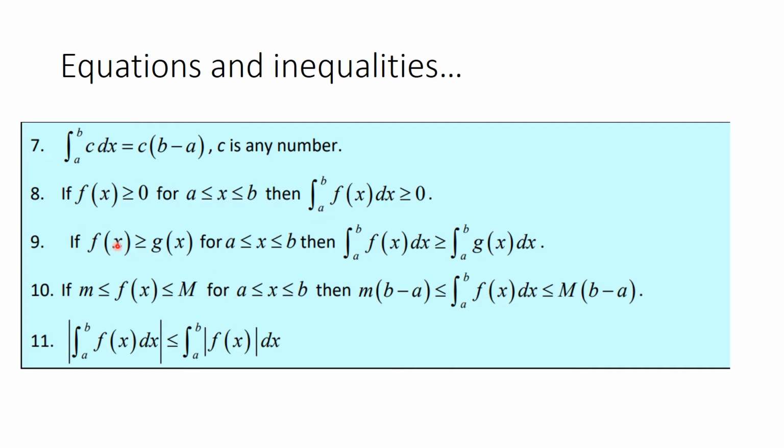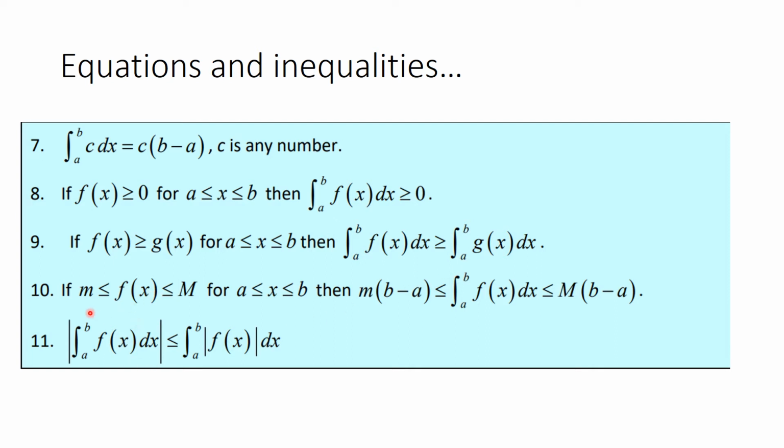Here, if we really were to talk about a capital F equal lowercase f minus g, you could prove this one, but it says if f of x is bigger than or equal to g of x, then the integral of f of x dx is bigger than or equal to the integral of g of x, and I should have been saying definite integrals there.